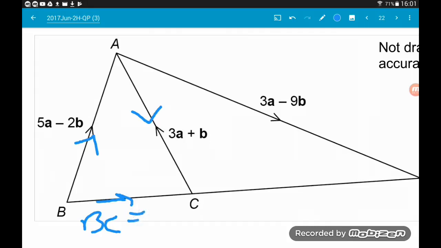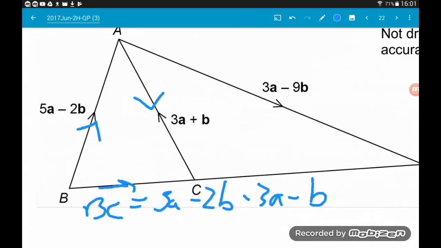So B to C is 5A minus 2B, and then minus 3A minus B. If we simplify that a little bit, we've got B to C is equal to 2A minus 3B.